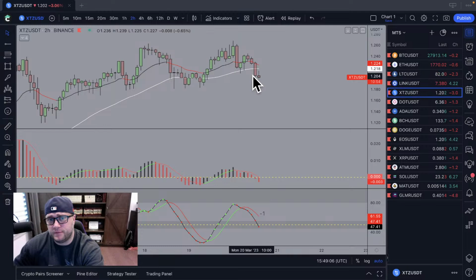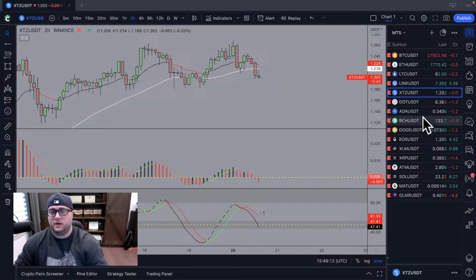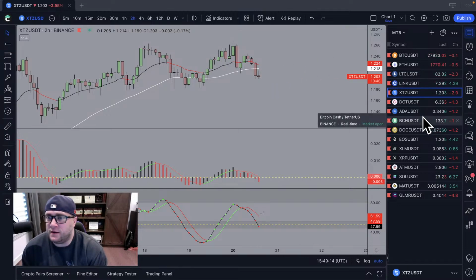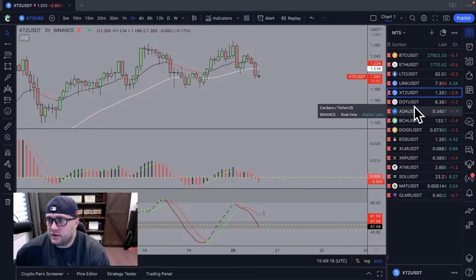XTZ. We have a fill of the wick that tells us that the next candlestick's most likely going to be green if this one doesn't close green.